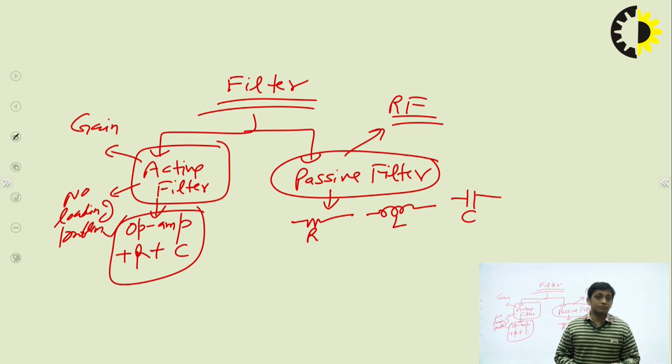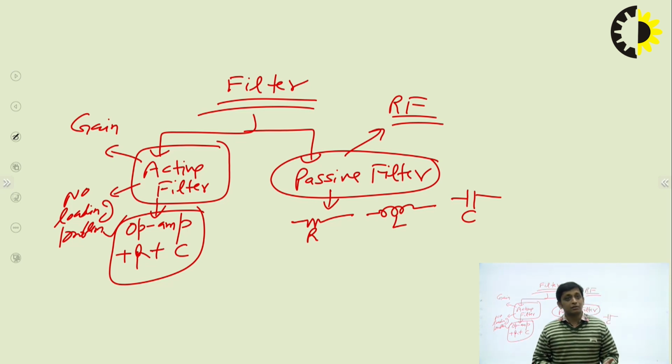That op-amp has limited bandwidth and limited slew rate. If it has limited bandwidth and slew rate, then obviously the filters which we design using that op-amp will also have limited bandwidth. That is the limitation of active filter.